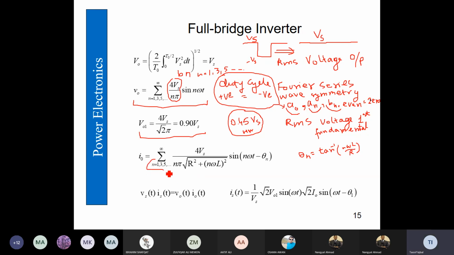So the same harmonic numbers follow over here as well, because current is just the ratio between voltage and impedance.